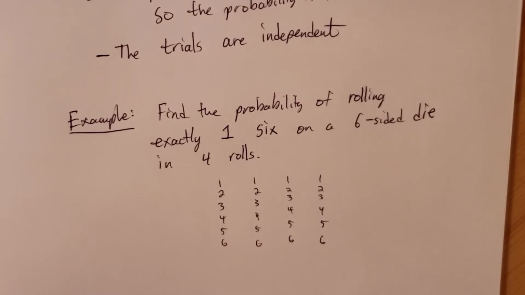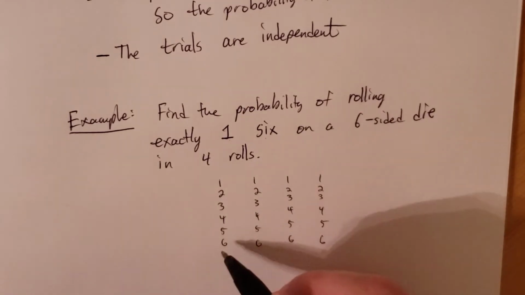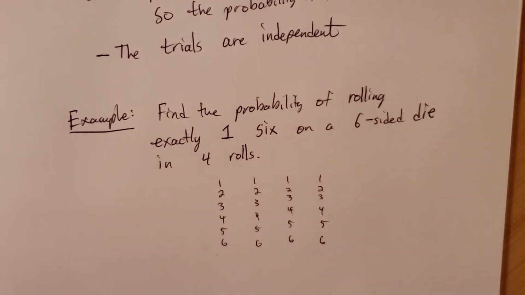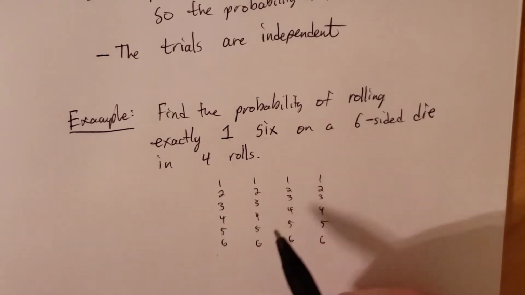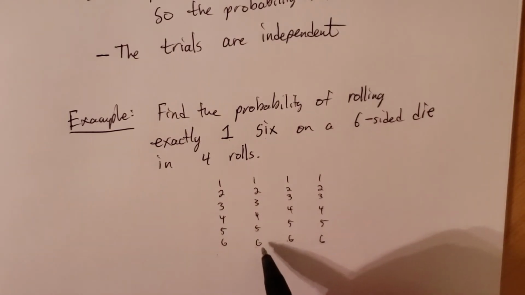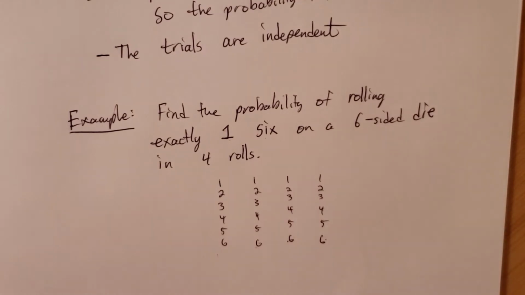Well, let's first consider the probability that we roll a single 6 on the first die, and we do not roll a 6 in the other 3.